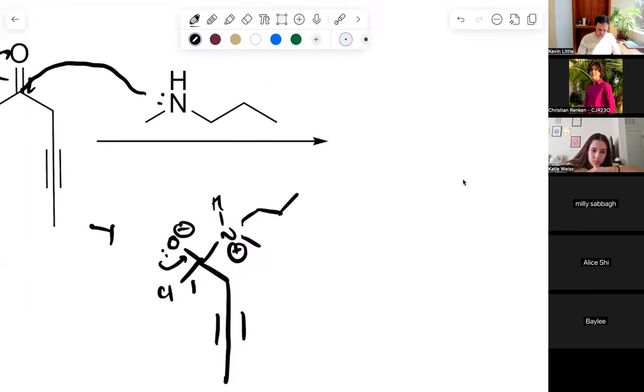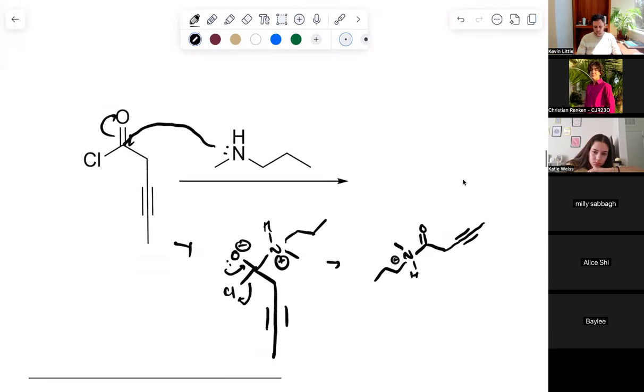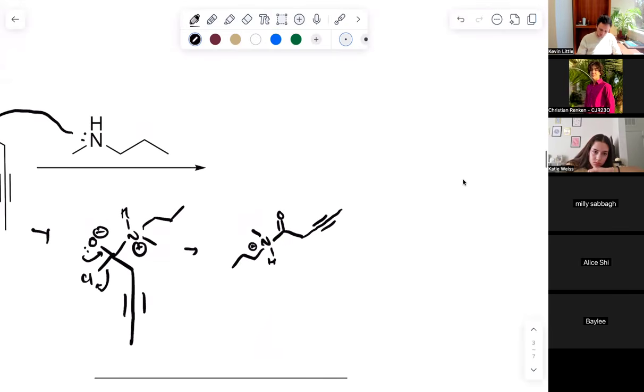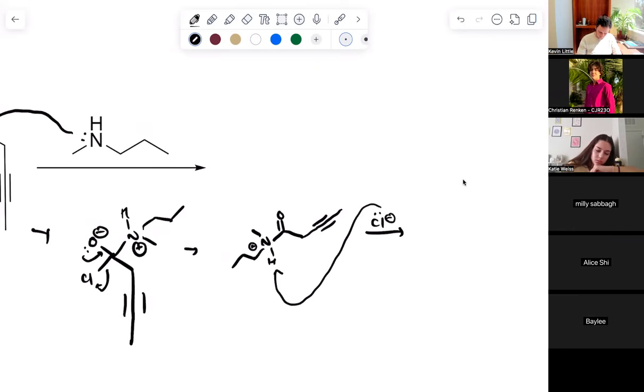I can just collapse and kick off my best leaving group, and I form this. Then I'm going to neutralize my product. So this is a pretty simple one, only a few steps.